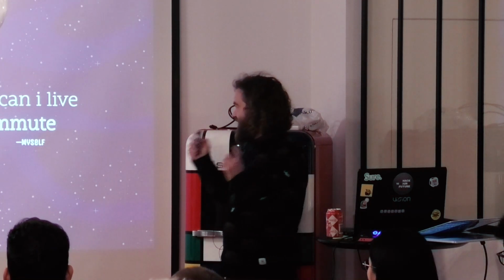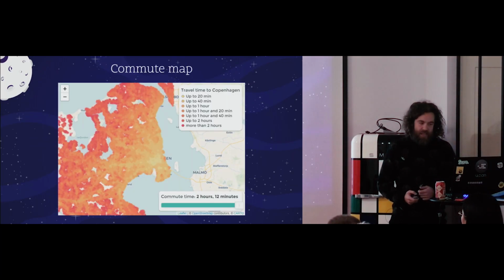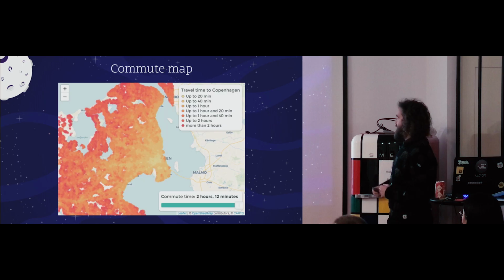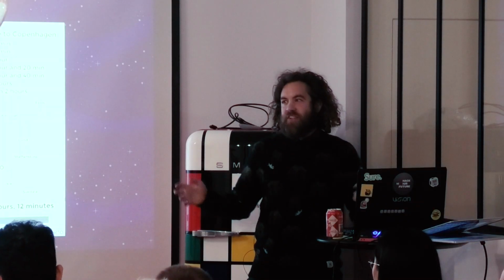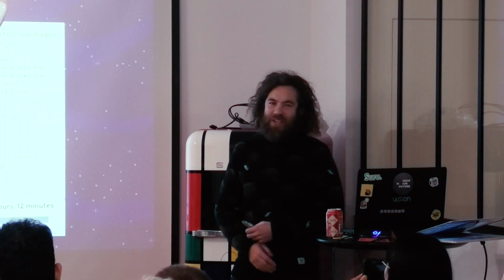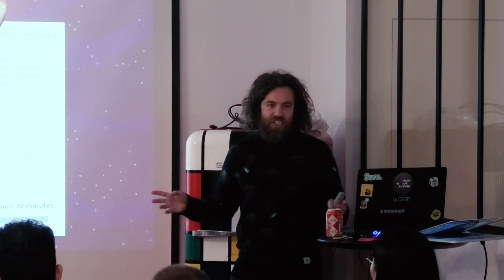So I was like, this is a problem that I can fix with JavaScript. And this is the result. I'm going to show it later as well. But what if I didn't want to spend tons of time figuring this out? I'll just generate a gazillion random positions on a map.